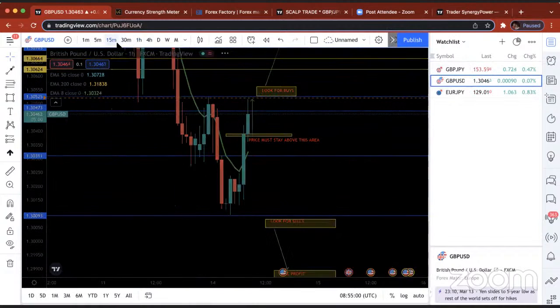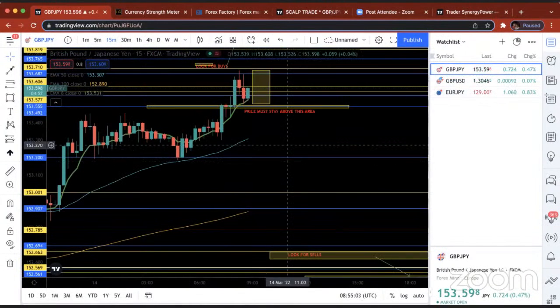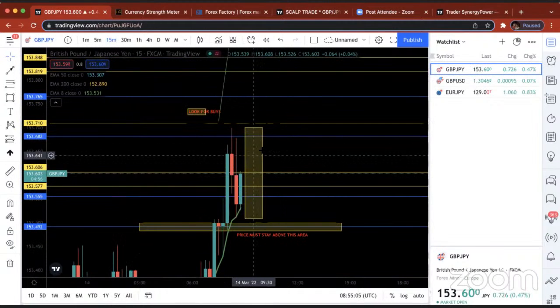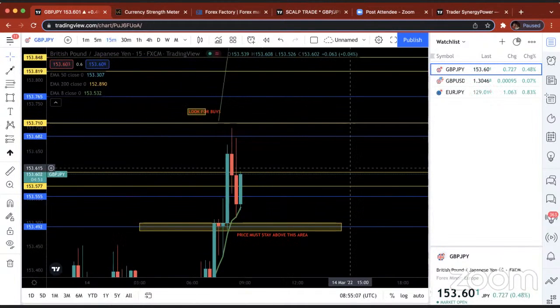Yeah, we need to see the 1 hour close above. Everything's pretty close. Let's wait for the last 5 minutes. We might possibly be executing an entry here shortly.